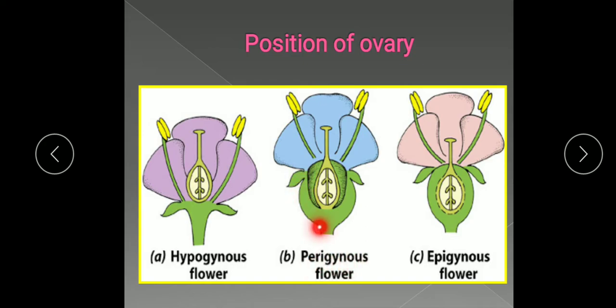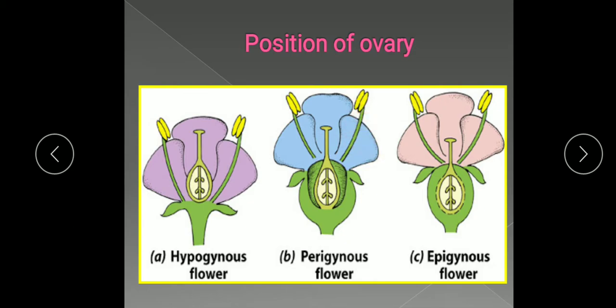You see this cup-shaped structure is formed by the thalamus around the ovary, and sepals, petals, and stamens appear to be inserted on the rim of the cup. Means here at the rim, the periphery of the cup, these sepals, petals, and stamens arise.